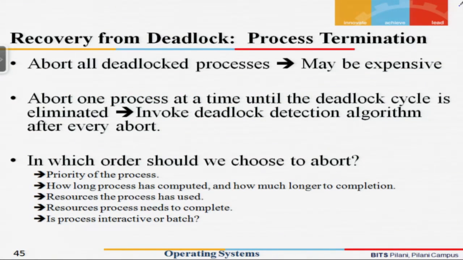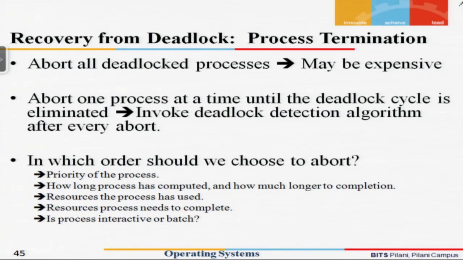Now what do we do with them? Because we have detected the deadlock, there is a set of processes which are in deadlock. So now what can be done? We should understand why deadlock has occurred. Deadlock has occurred for the reason that there are resources which are held by some process, and another process is waiting for that resource in a cyclical manner.